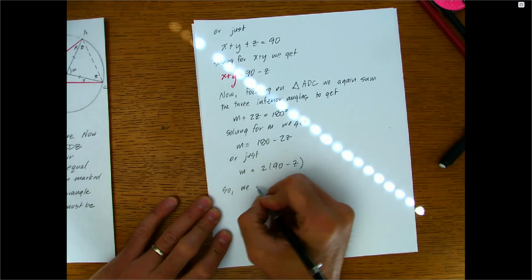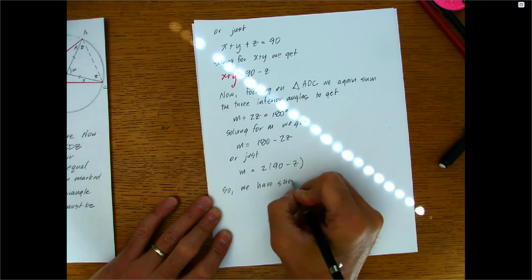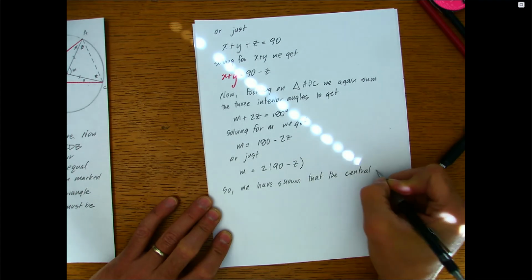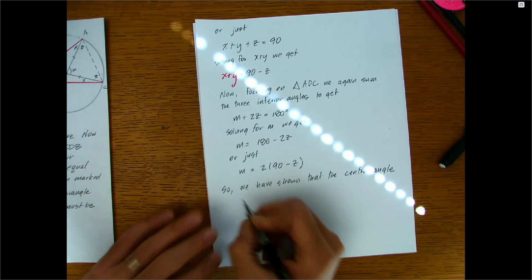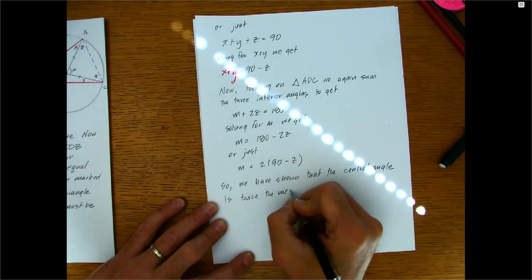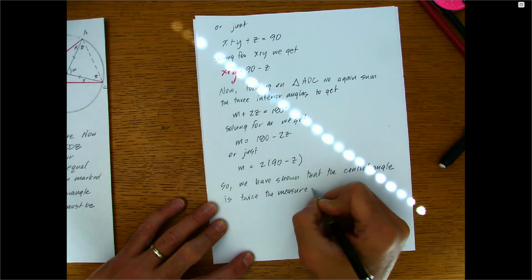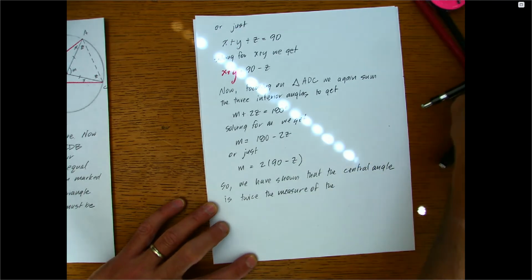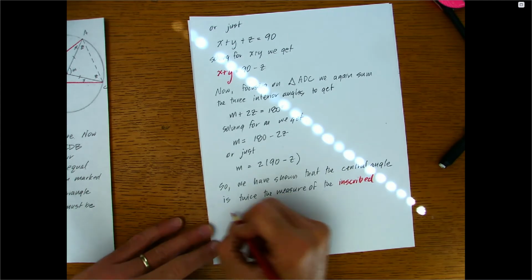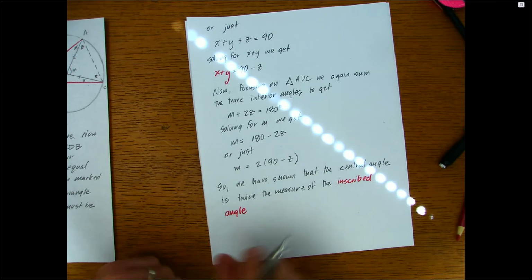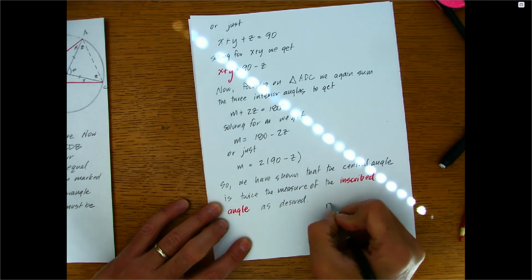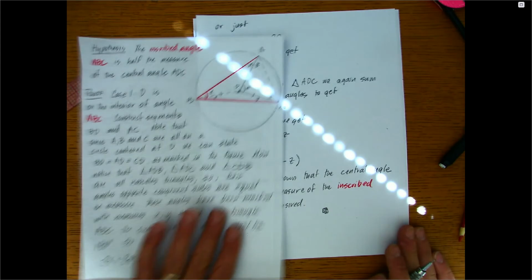So we have shown that the central angle is twice the measure of the inscribed angle, the one that's red, as desired. And I think that's the end of case 1 of the proof.